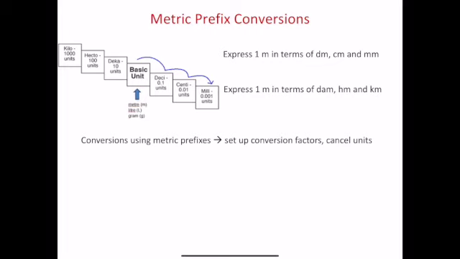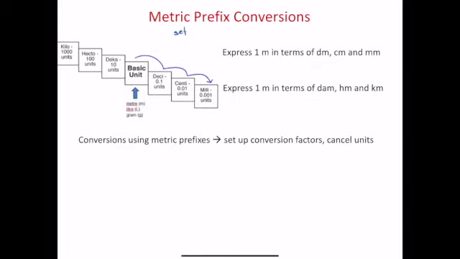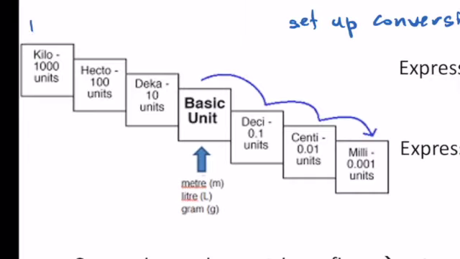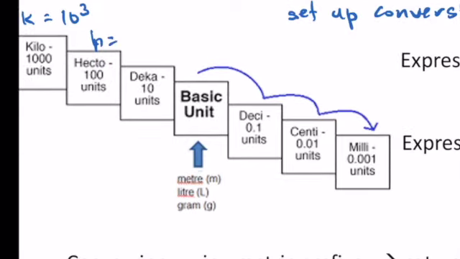For metric prefix conversions, you need to set up a conversion factor using the starting point of the metric prefix. Kilo, for example, is K, and that's 10 to the third. Hecto is H, and that's 10 squared. Deca is DA, and that's 10 to the first. Those are greater than the basic unit of 1.